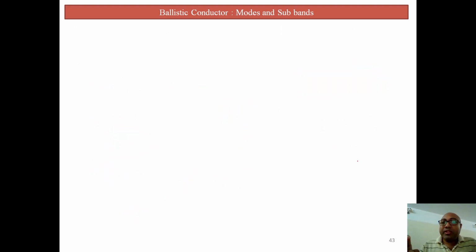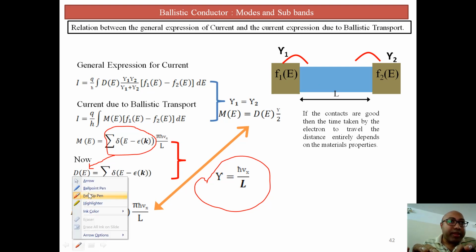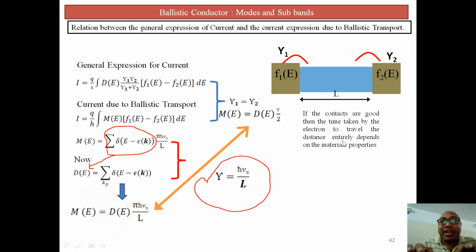Okay, fine. So we have two expressions, and here you can find what my gamma is: h bar Vx by L. That means for a ballistic conductor, if you know the velocity, the group velocity, and the length, you will find out gamma, which is very important to derive the current expression.